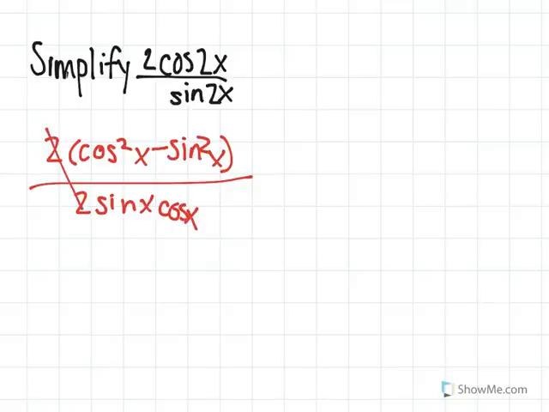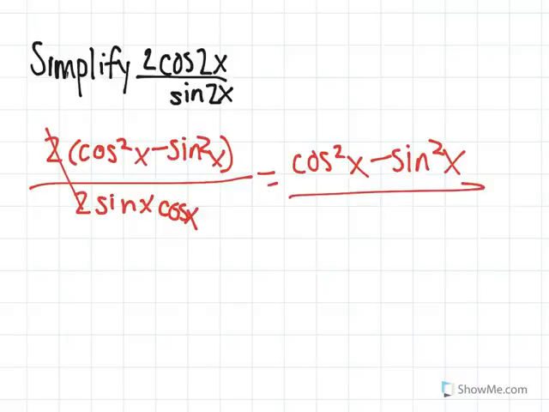In this case, we can cancel our 2's. We have cosine squared x minus sine squared x over 2 sine x cosine x.